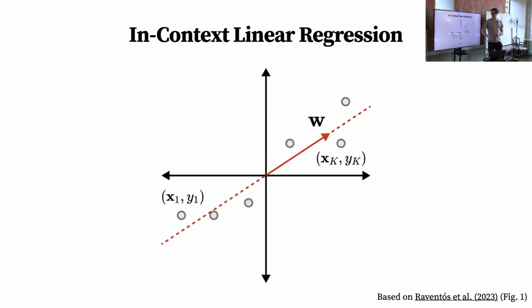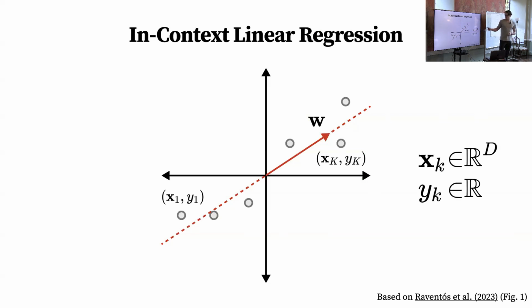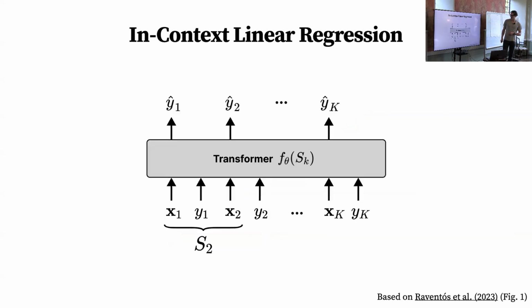So we have some inputs X, some outputs Y, and tasks W. The inputs are sampled from a d-dimensional normal distribution, and the Y's are scalars. The Y's are generated by taking the dot product of these task vectors with the inputs. So we're just computing the projection of X onto the line spanned by W. Then we add a little bit of noise just to make it a little more difficult for the model.